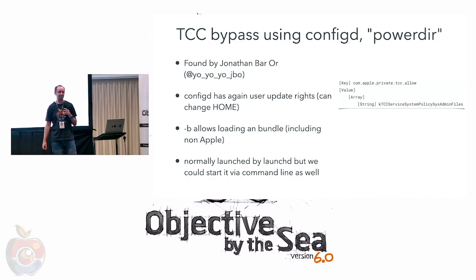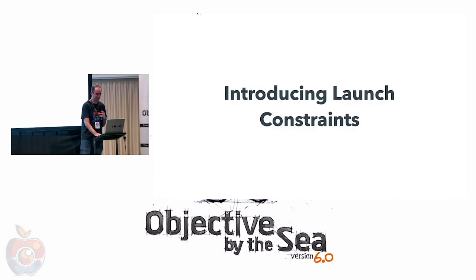This binary had an option, -b, that allowed you to load any bundle, and its code signing properties allowed it to load any bundle. So you could just run configd -b, put your dylib there, and that's it. I like logic bugs because you don't need to mess with all the memory corruptions and the stack and the heap and all this stuff. It's just way easier and usually more reliable. So yeah, this again was fixed.